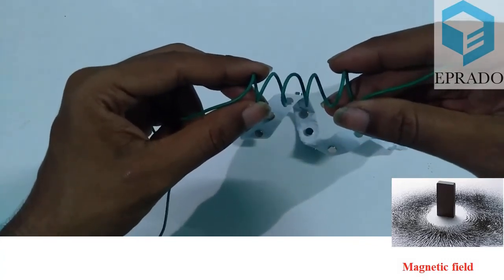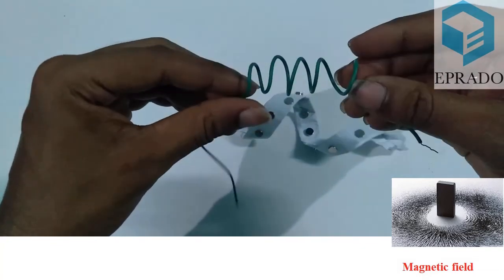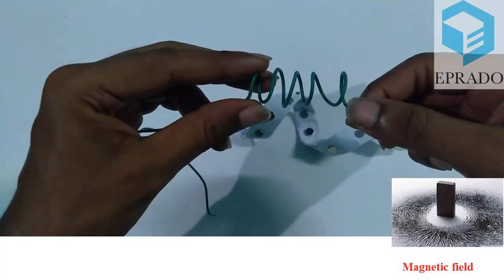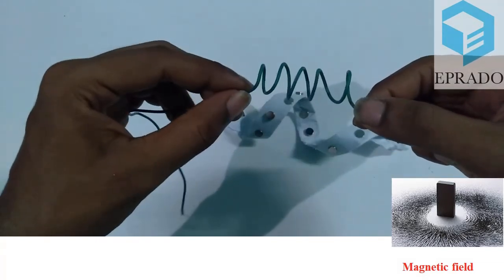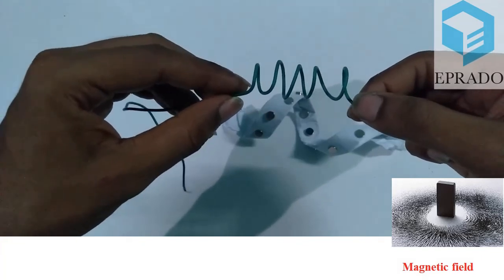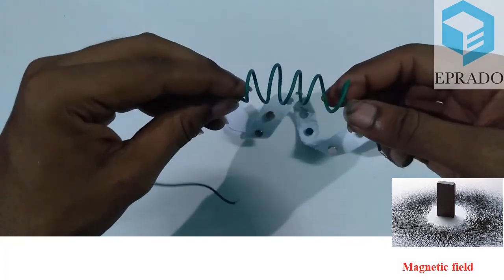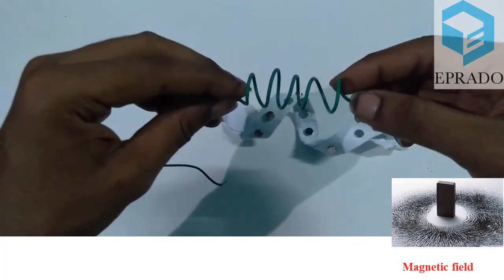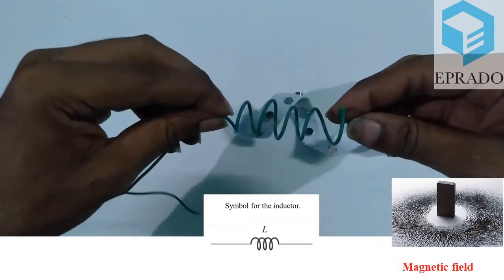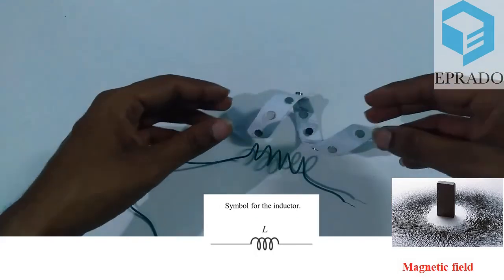So the net current in this total circuit will be increased, and this is stored in the winding, and then it is used for providing electric current whenever there is a shortage in the flow of current in the circuit. So children, today we have learnt about the symbol of inductors and the magnetic field.